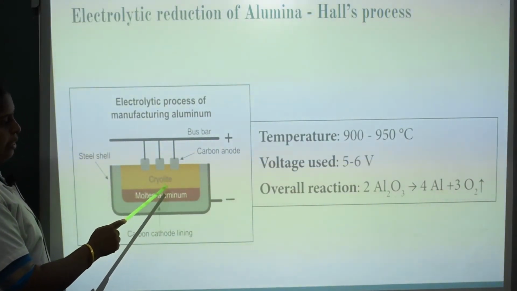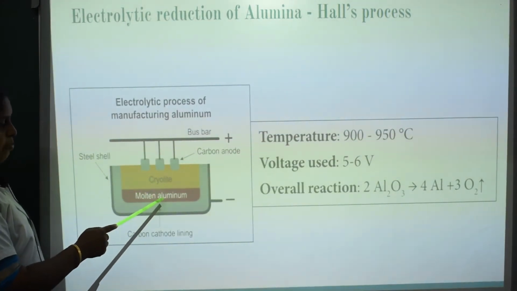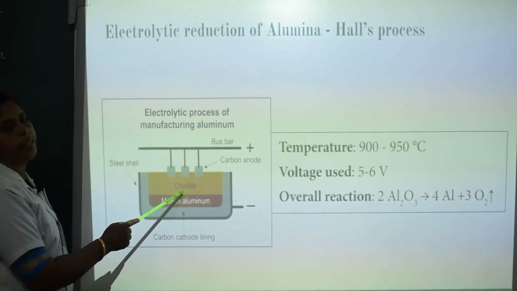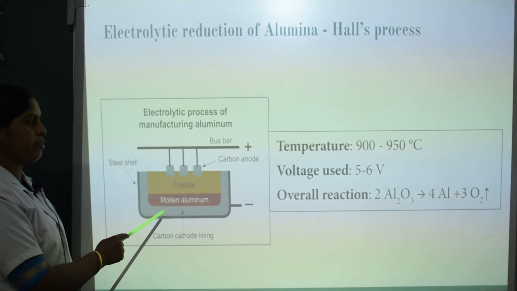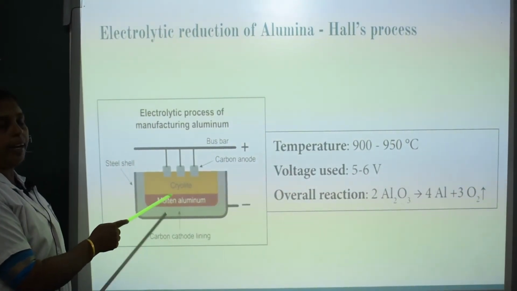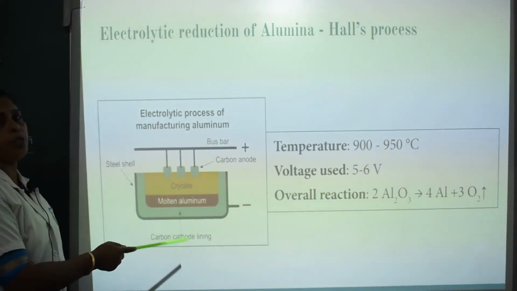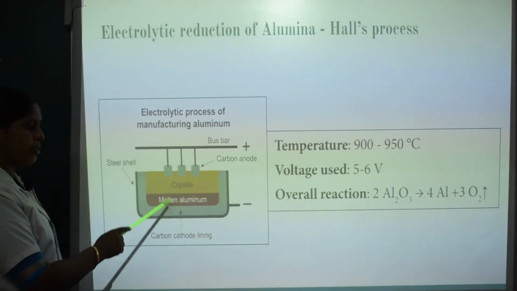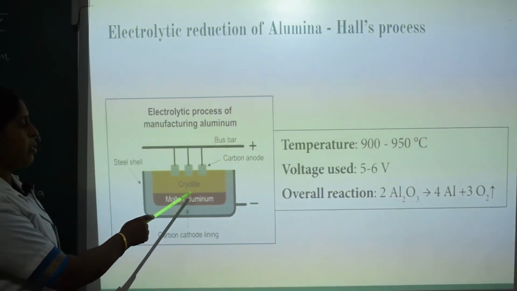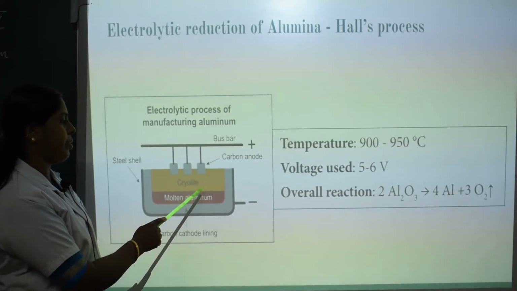The electrolyte is alumina dissolved in molten cryolite, and fluorspar is also used inside the tank. Fluorspar helps to reduce the fusion temperature of this electrolyte.